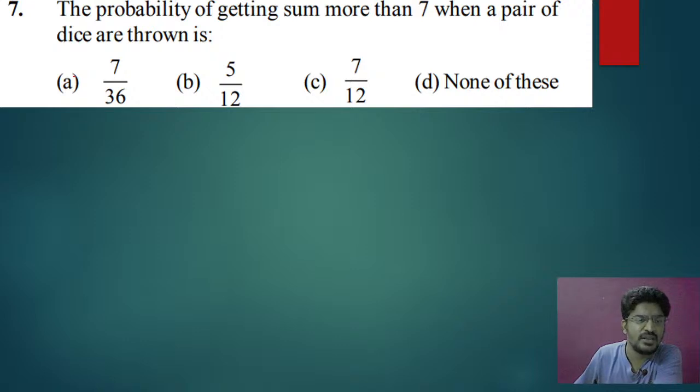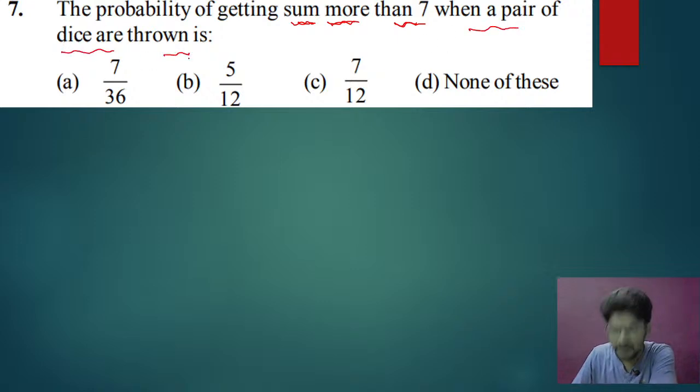That means 2 dice are thrown, and from them we have to collect the number of sample spaces such that the sum must be more than 7.